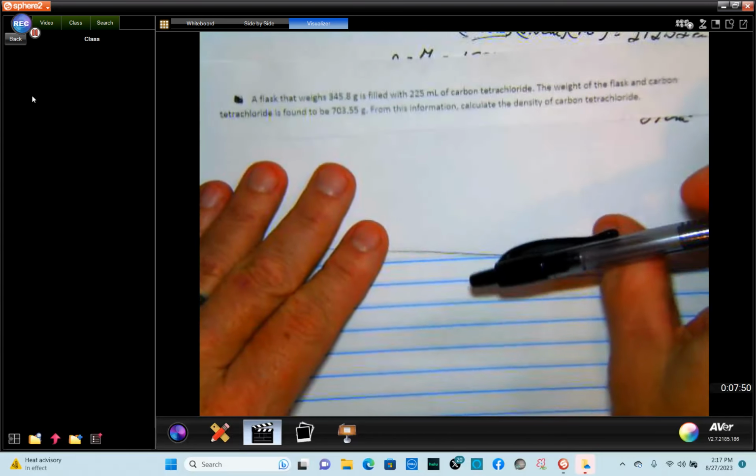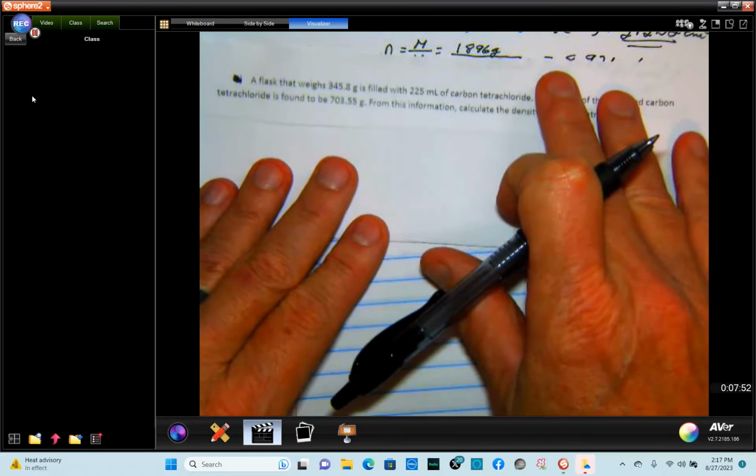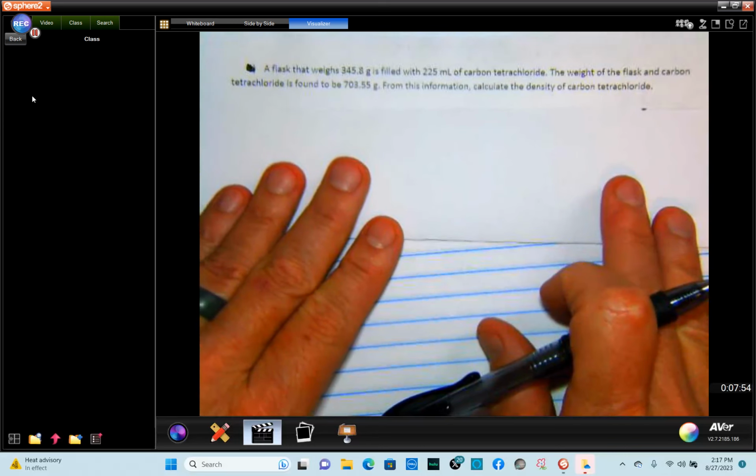And get this one out of the way. There we go. We've got a flask that weighs 345.8 grams, and it's filled with 225 mils of carbon tetrachloride, carbon tet. The weight of the flask and carbon tetrachloride is found to be 703.55 grams. From this information, calculate the density.